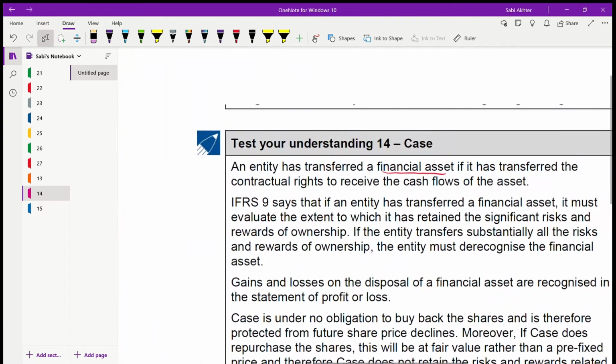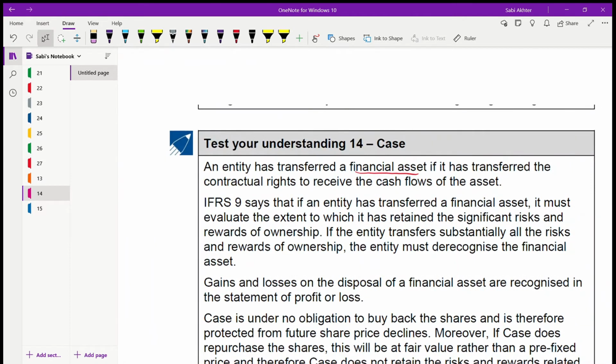That means an entity has transferred a financial asset if it has transferred the contractual rights to receive the cash flow of the asset. So you have to see, what are you transferring? Are you receiving the cash? Do you still have the right to receive the cash, or are you selling that right to someone else to receive the cash flow from the asset? If you are transferring it, you are transferring a financial asset.